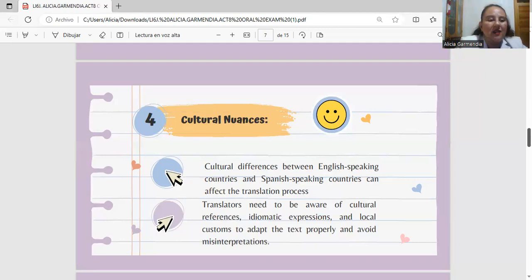That means we can have a little bit of difference in the culture, and that's when the interpreter or the translator can have those misinterpretations.